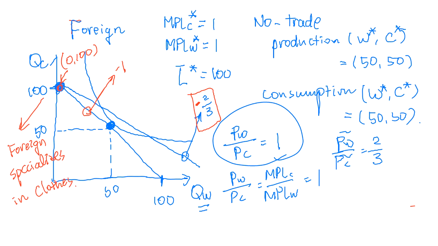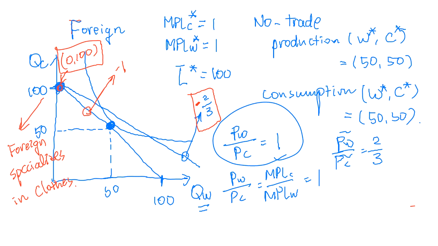So they put all the endowment, which is the labor, into the clothes industry, which is the industry that the foreign country has the comparative advantage in, and give up the production of the industry without the comparative advantage. So now, this is the production point of the foreign country.